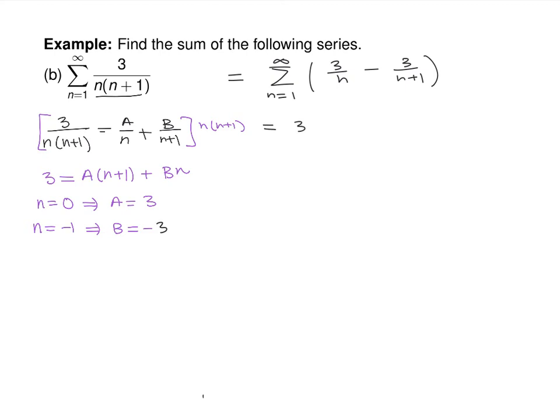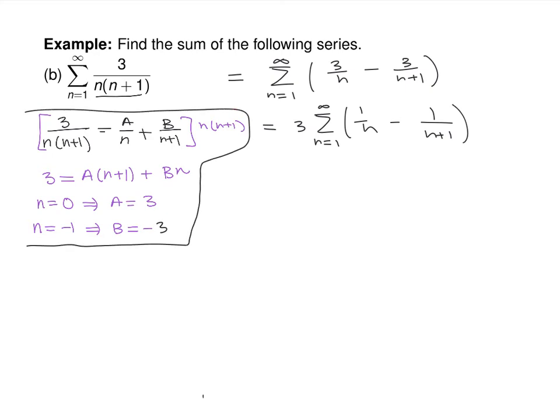So 3 times the sum from n equals 1 to infinity, 1 over n minus 1 over n plus 1. Now with telescoping series, you're going to need to give an expression for the nth partial sum. So Sn will equal 3 times 1 over 1 minus a half, plus a half minus a third, etc.